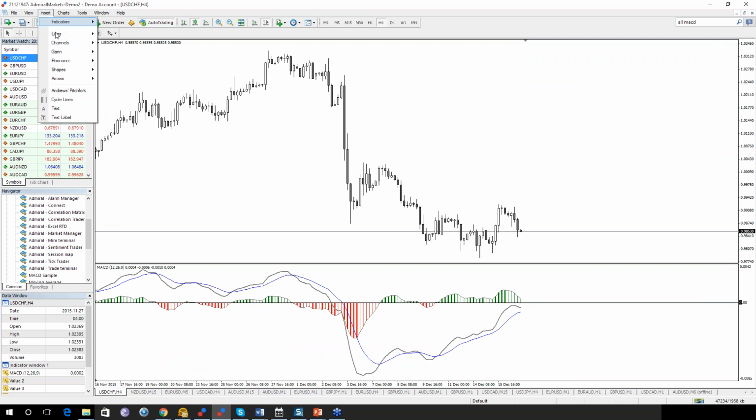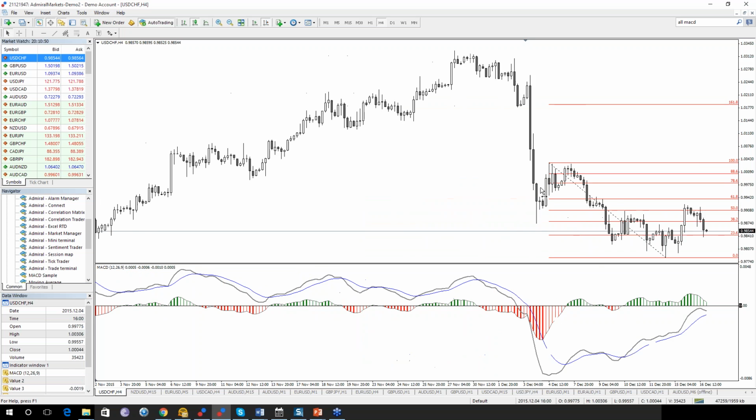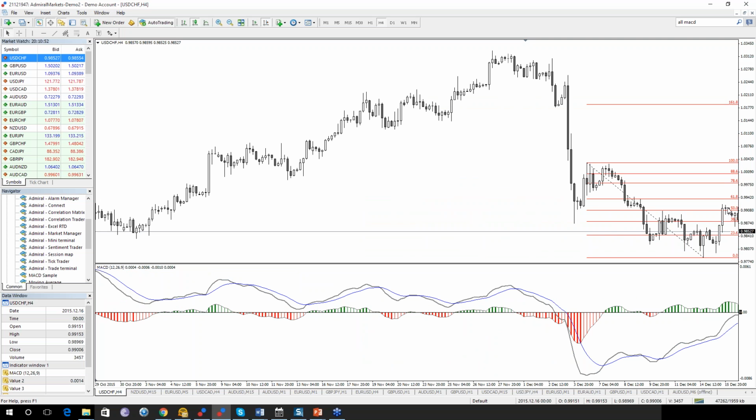Let's use the last most obvious swing high low. I think this could be it, like this. So this is indeed, guys, a retracement, but because you see it's already rejected from this point here, it's already rejected from 50, but this is how you do it.